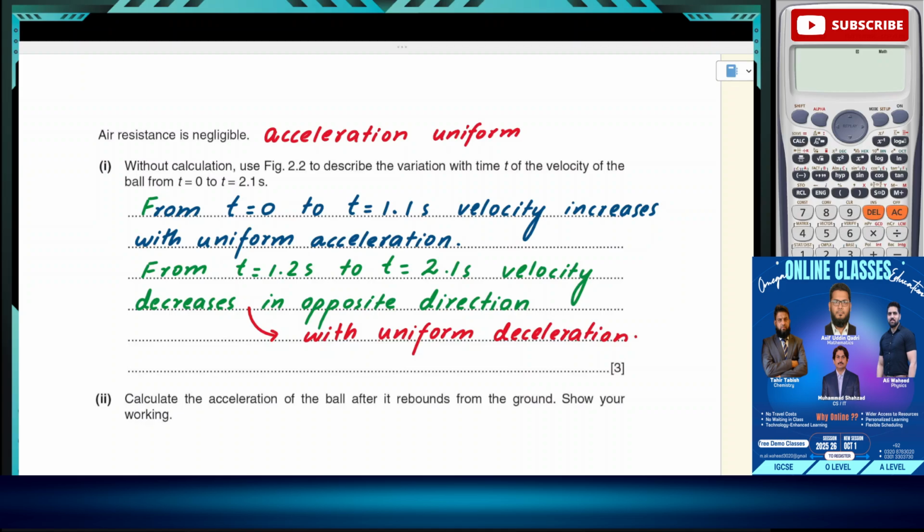And you see, the magnitude of deceleration and of the acceleration is same. Both are constant, first of all.